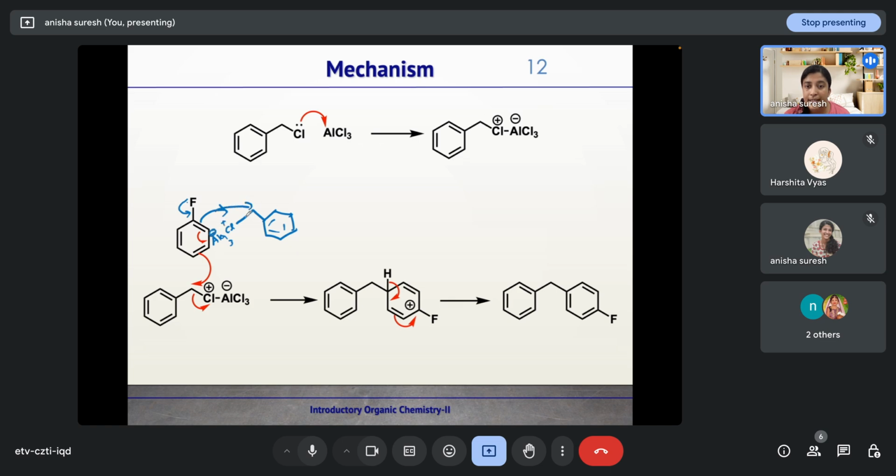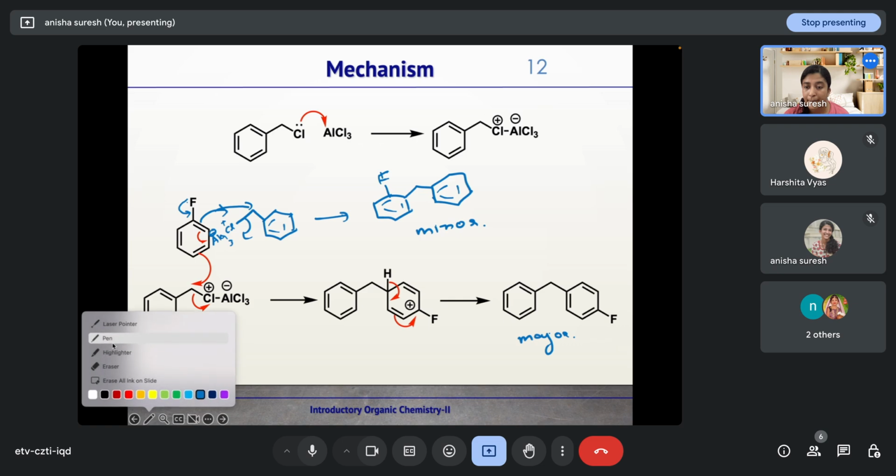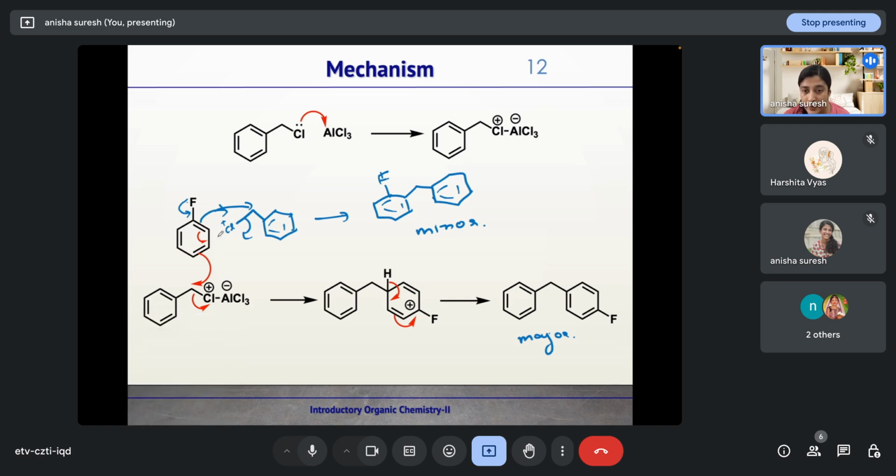So if the attack is taking place in this fashion, it will give the ortho product. So this is the minor product and this is the major product. Since it is coordinating with aluminium chloride, we have to write it in this fashion.